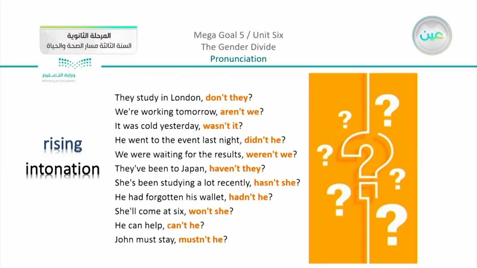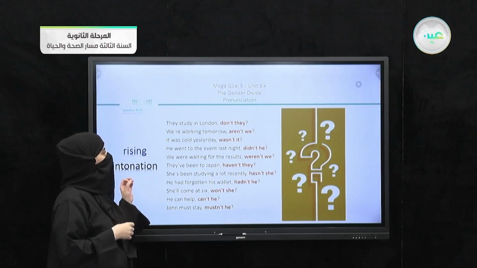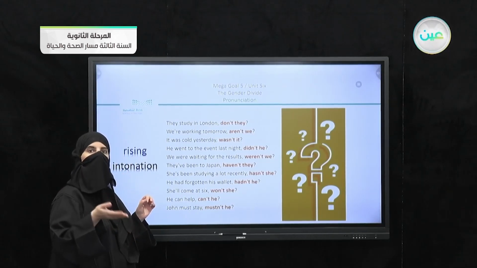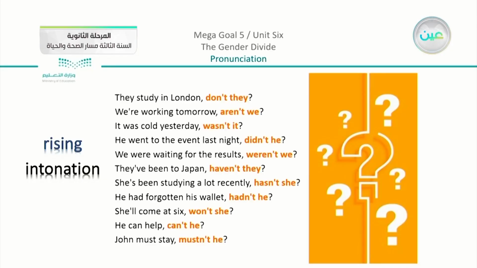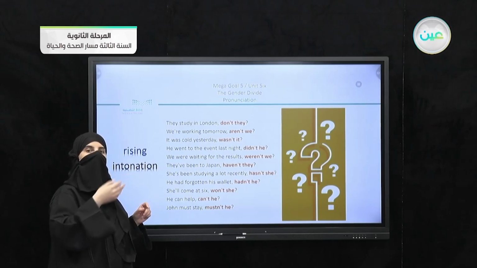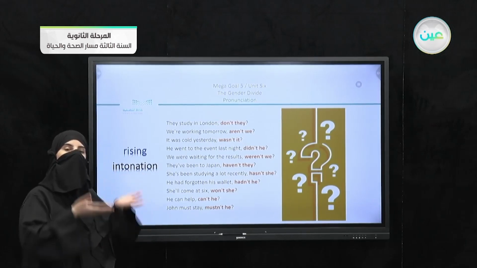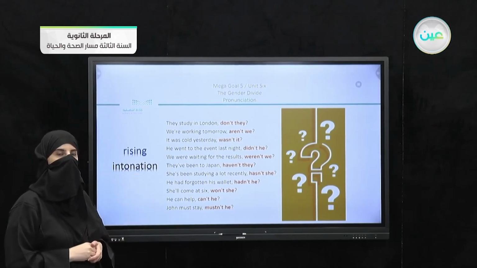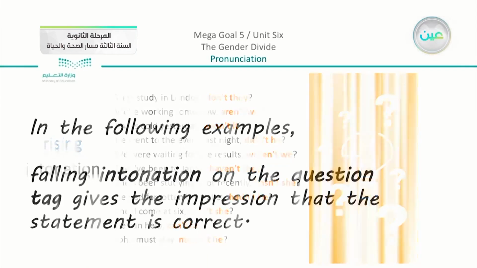He went to the event last night, didn't he? We were waiting for the results, weren't we? They've been to Japan, haven't they? So here we have these examples. We are actually raising the tone. Now let's see the other part.